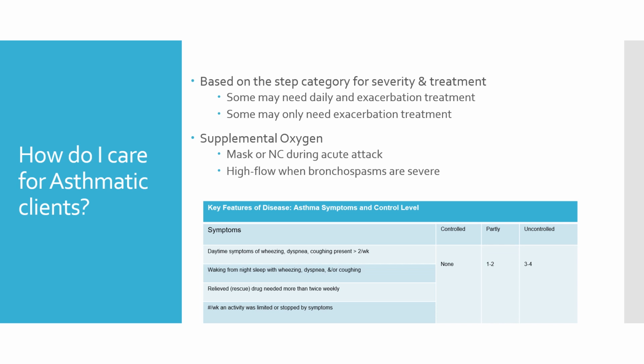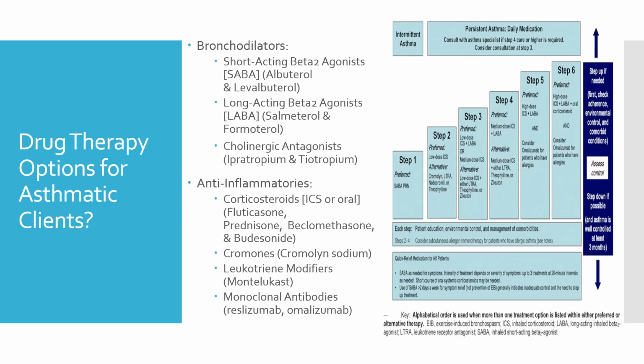Based on their symptoms, they may only need a daily and then an as-needed exacerbation treatment, whereas those that are well controlled, ideally, don't necessarily need a daily preventative medication. They just need their exacerbatory medication.